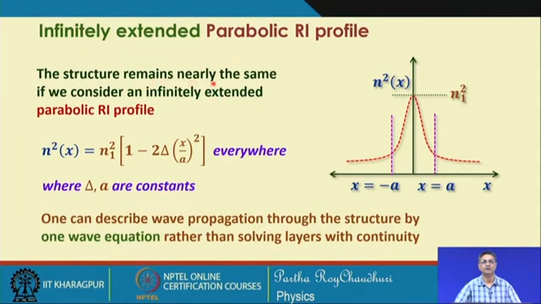The structure remains nearly the same if I apply this one equation, that is I represent this refractive index profile by one equation, n square equal to n 1 square (1 minus 2 delta (x by a) square), everywhere. In that case, the refractive index is no longer n 2 square, but it still falls, but this variation is so small that it does not become abruptly different.